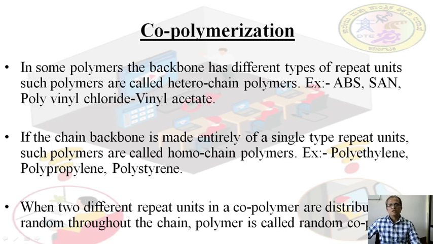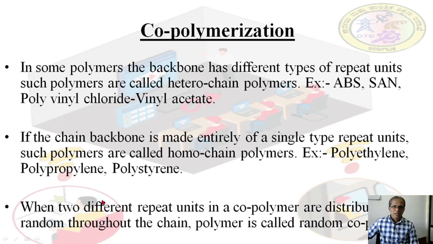If the backbone is made entirely of a single type of repeat unit, then such polymers are called homochain polymers. Say for example, in polyethylene, only ethylene repeat units will be there throughout the macromolecule.